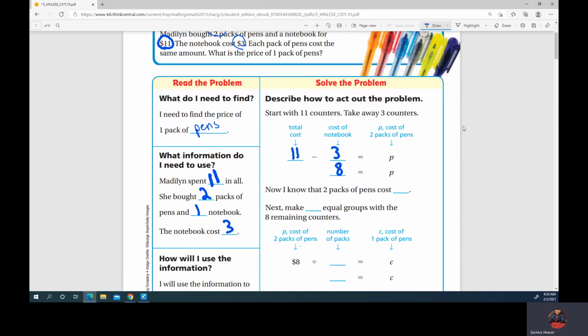So we know that 2 packs of pens is going to cost $8. Spend 11, then take the notebook off, there's $8 left. That's the packs of the pens.